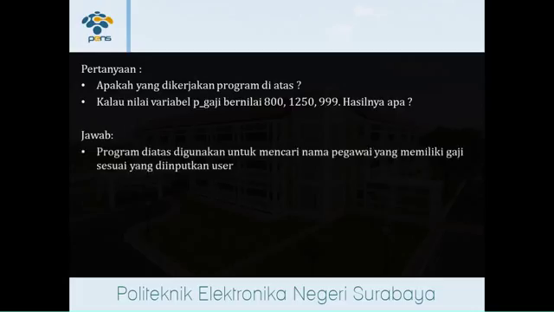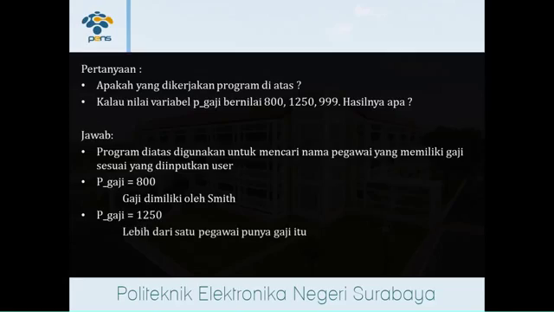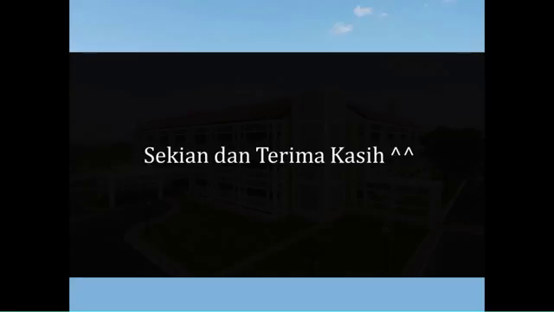Jawabannya yaitu program di atas digunakan untuk mencari nama pegawai yang memiliki gaji sesuai yang diinputkan user. P_gaji sama dengan 800, gaji dimiliki oleh Smith. P_gaji sama dengan 1250, lebih dari satu pegawai punya gaji itu. P_gaji sama dengan 999, tidak ada data. Sekian dan terima kasih.